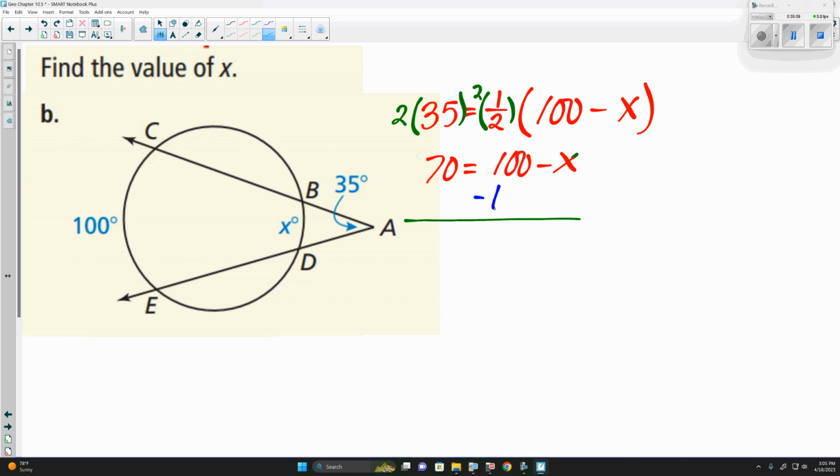So let's focus back in. So we can minus 100 from both sides. Negative 30 is equal to what? Negative x. Have to add 30 to both sides, so we could do that, or we can multiply both sides by negative 1. We can divide both sides by negative 1.